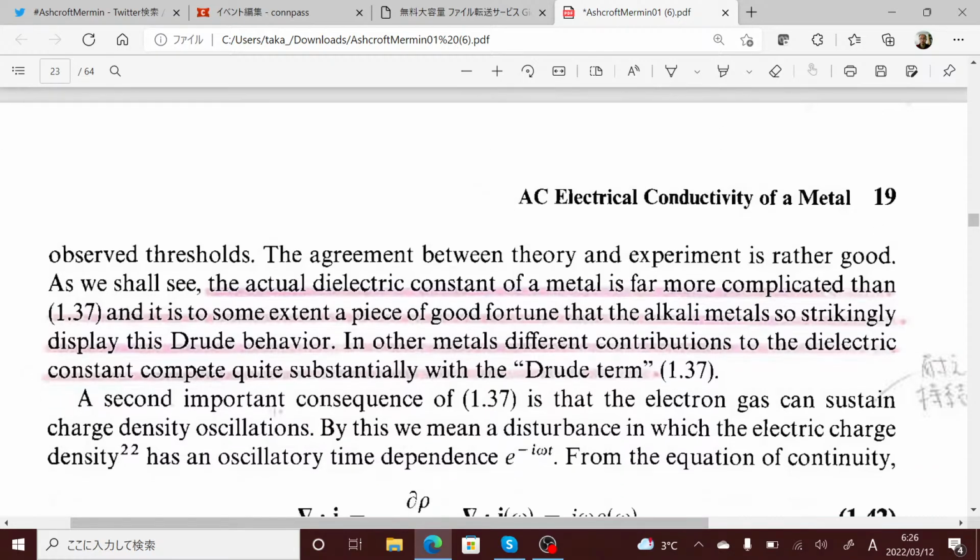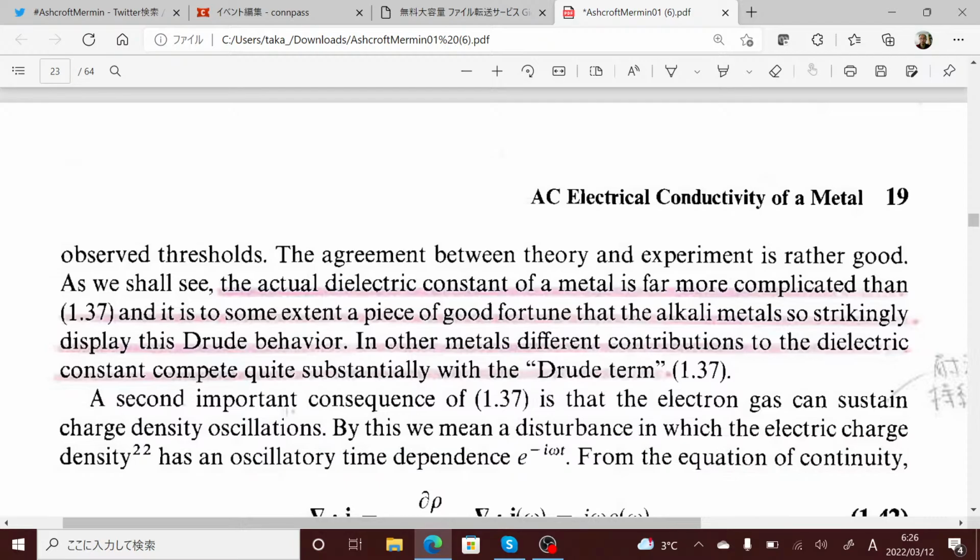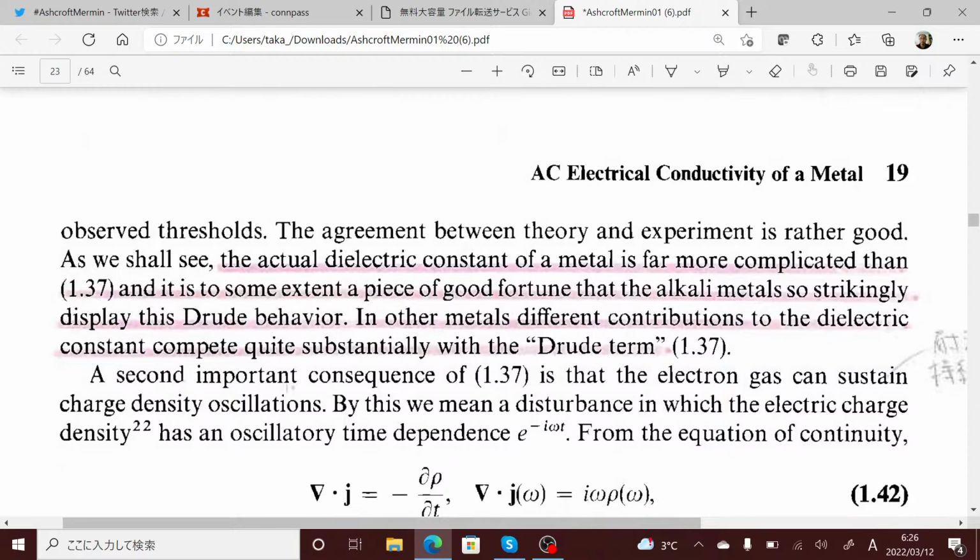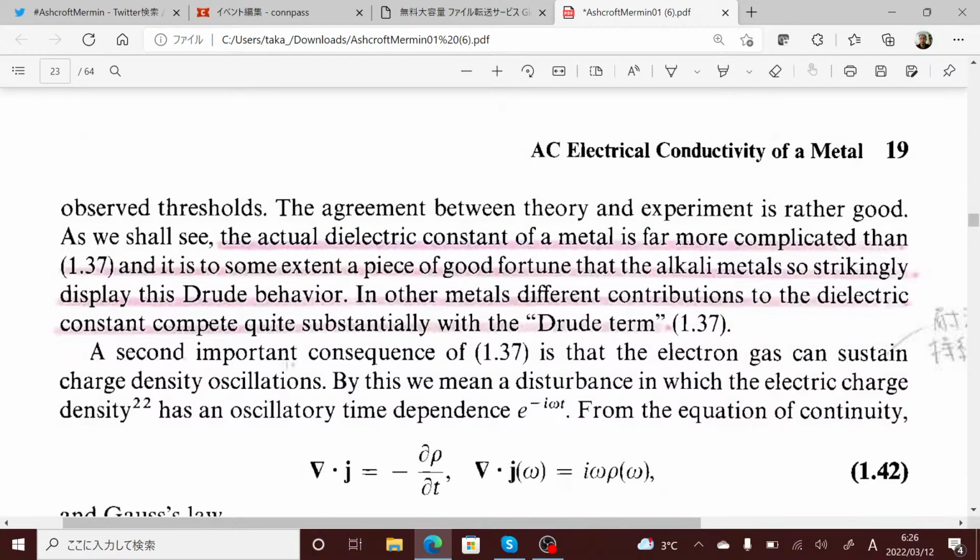As we shall see, the actual dielectric constant of a metal is far more complicated than 1.37, and it is to some extent a piece of good fortune that the alkali metals so strikingly display this Drude behavior.